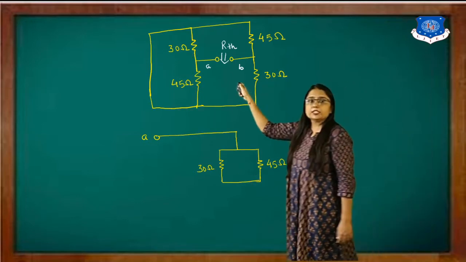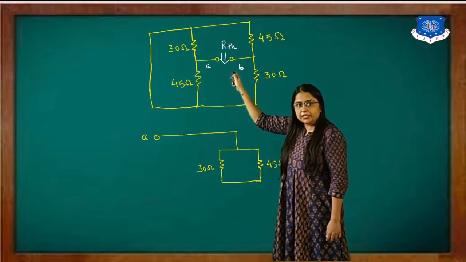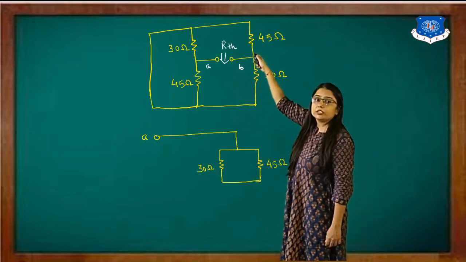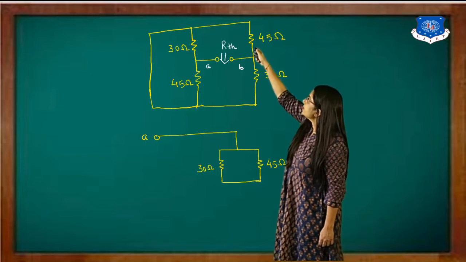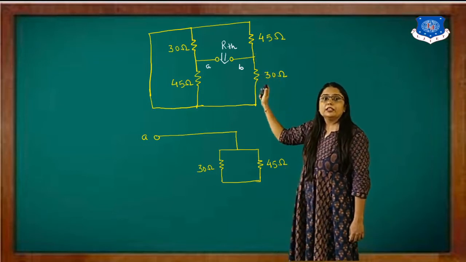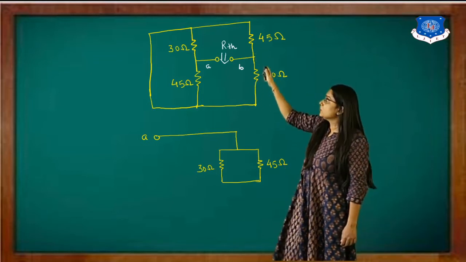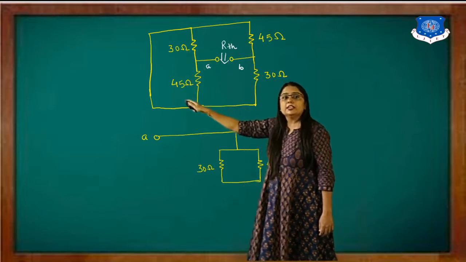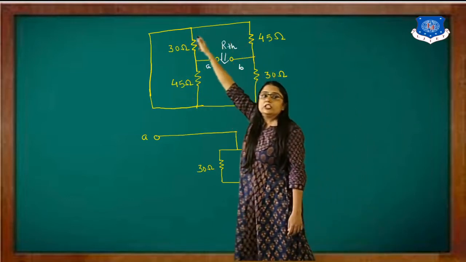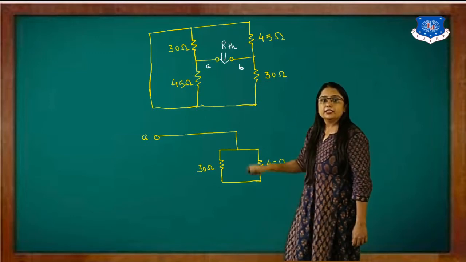Now consider the B terminal. From terminal B, again there are two resistances connected. One resistance is 45, another is 30, and these two are also connected with each other, like this.